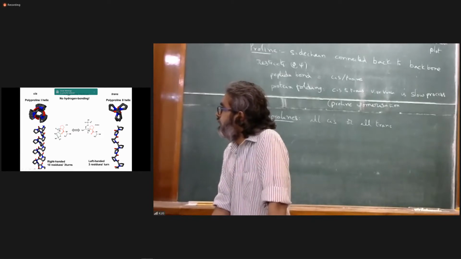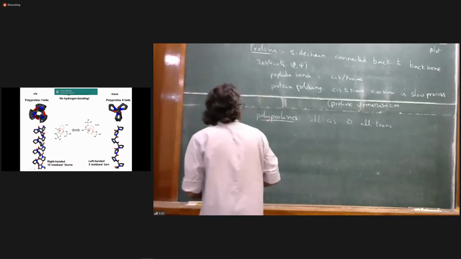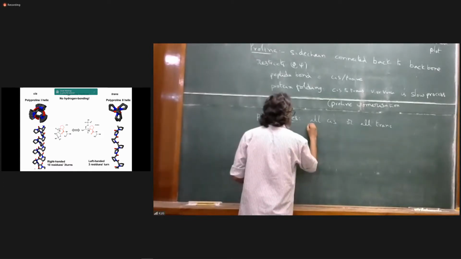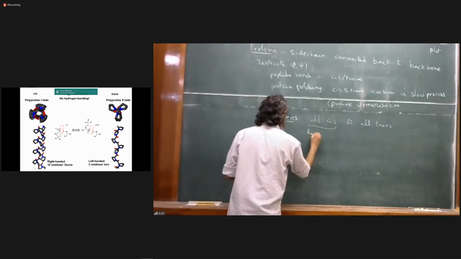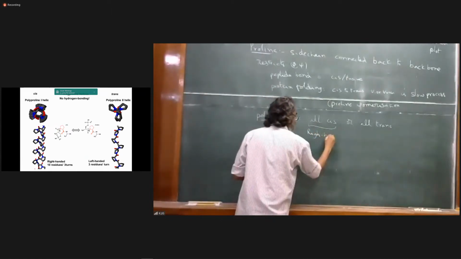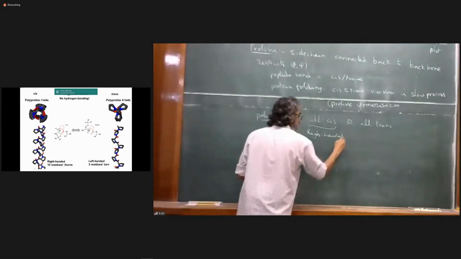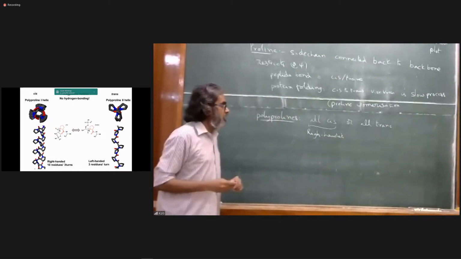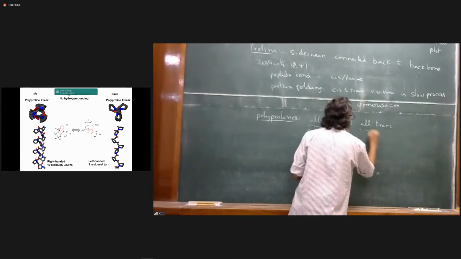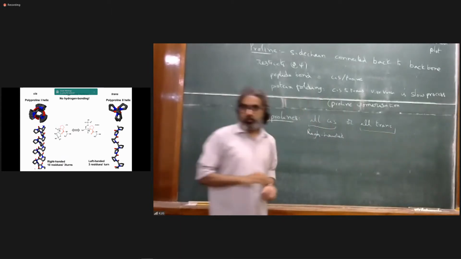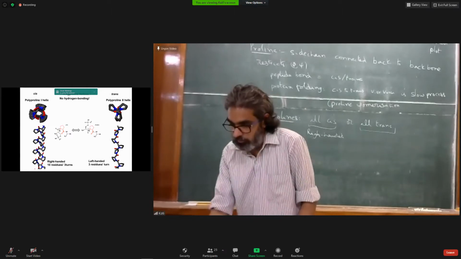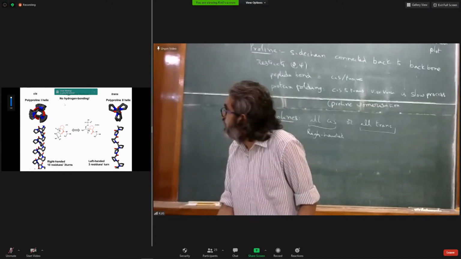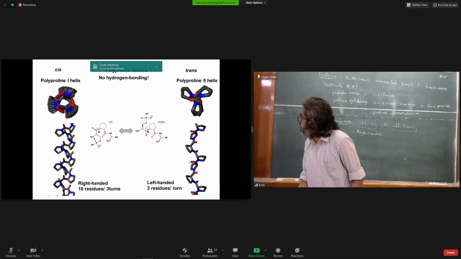So this is a right-handed helix. So cis-proline is right-handed, just like alpha helix is right-handed. But if all prolines are in trans, shown on the right side, then this is how the structure looks on the right side, and this is the top view.